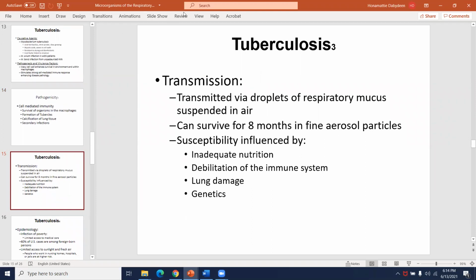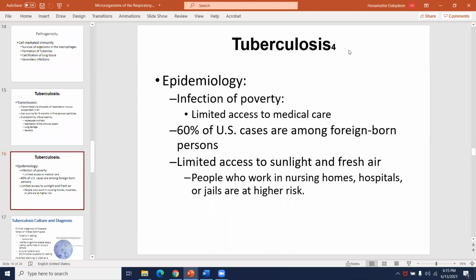Now let's talk a little bit about the epidemiology of tuberculosis. Seems like it's an infection of the poverty-stricken people, and they have limited access to medical care. They're probably limited access to food. And so they are not going to go for medical care.